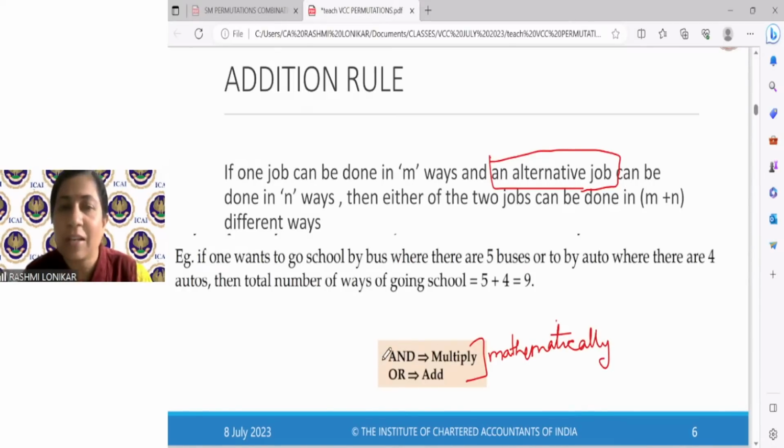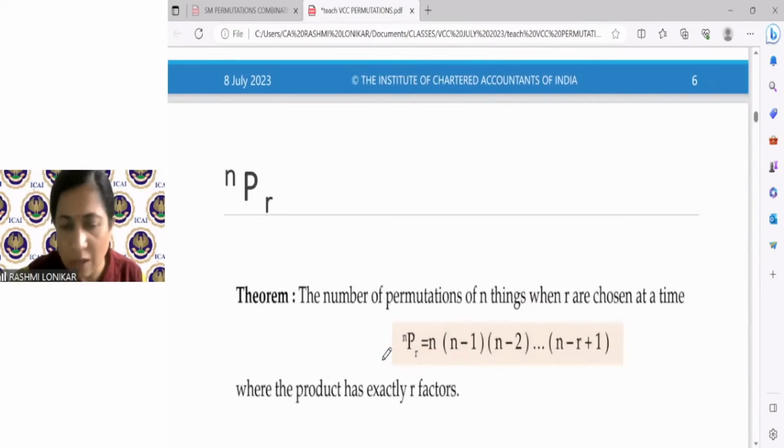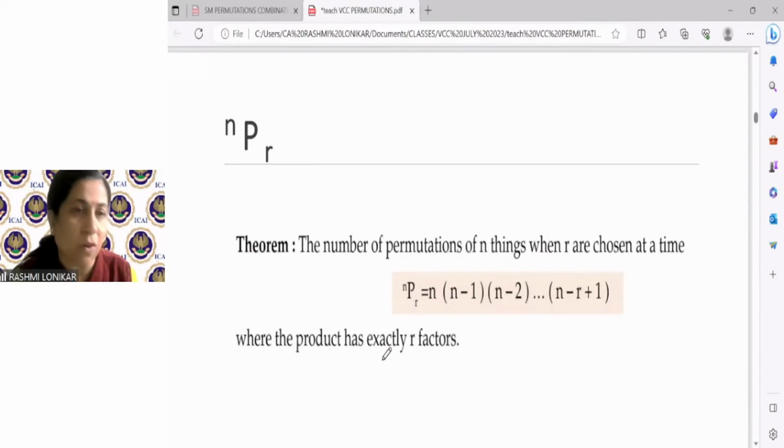So whenever there is an and, meaning these things have to be done simultaneously, then we say you use multiplication. When it is or, that is, you have to choose between one or more, then we say you have to use addition. Okay, clear? So now we go to the famous formula for permutations.